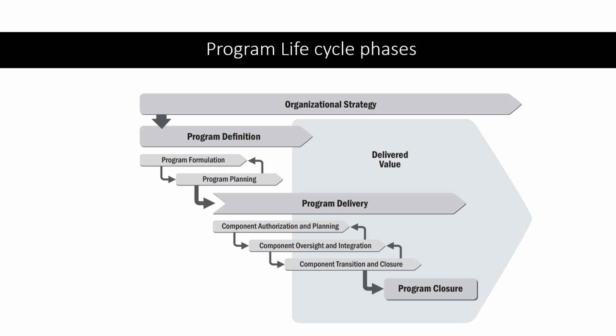For example, program formulation and program planning are part of program definition. The component related activities are part of program delivery, and then there is program closure. All these are interrelated. Looking at the delivered value function, predominantly you will deliver value in the program delivery phase as well as the program closure phase.